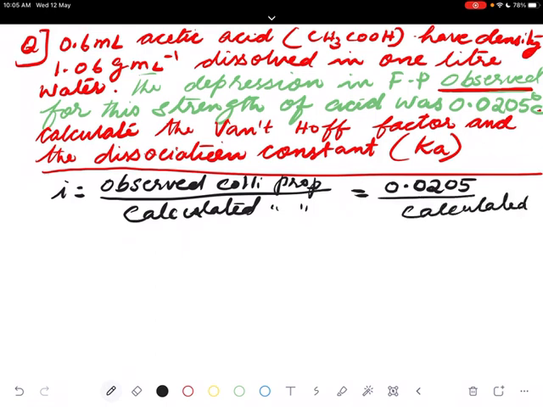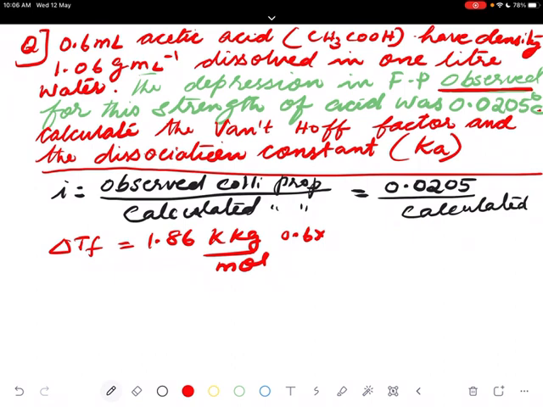So I'm going to calculate that colligative property, that is delta Tf, calculated using the data: 1.86 K kg per mole. Then what is WB? WB is 0.6 into volume into density, that is 1.06 gram, divided by the molar mass 60 grams per mole into 1 kg, since 1 liter of water means 1 kg of water.